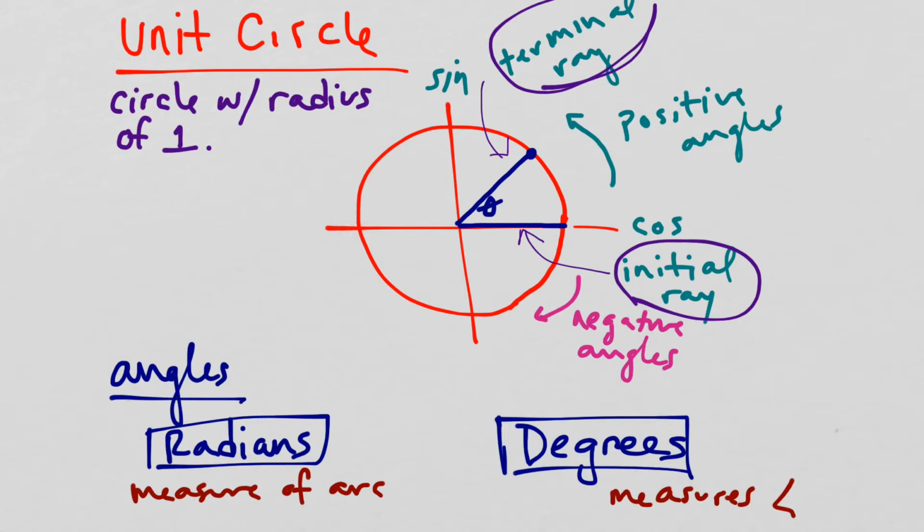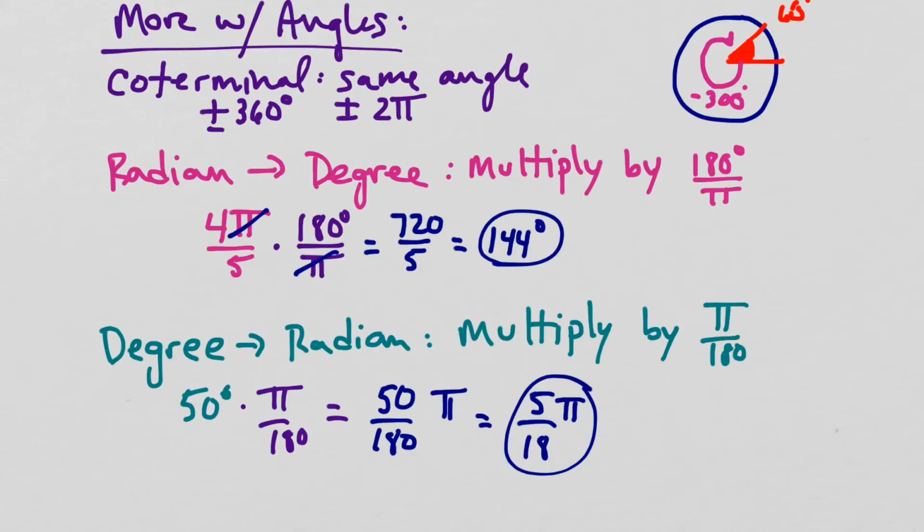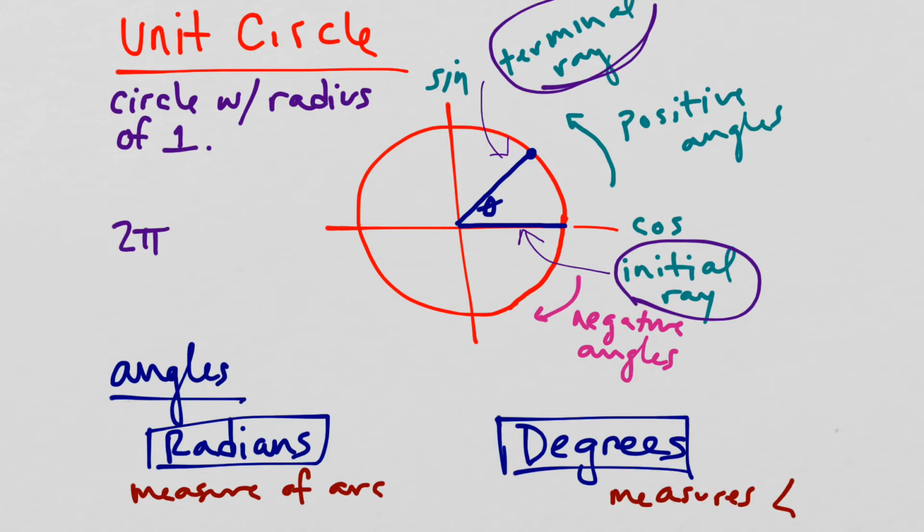All right? Because again, the definition of what we're looking at is 2 pi is equal to 360 degrees. So that means that 1 pi is going to equal 180 degrees.